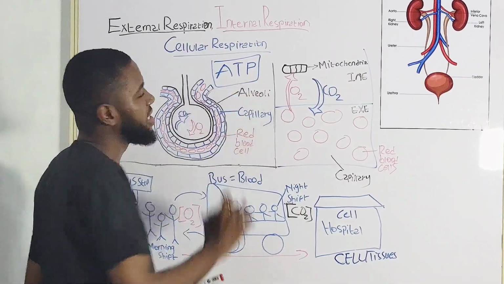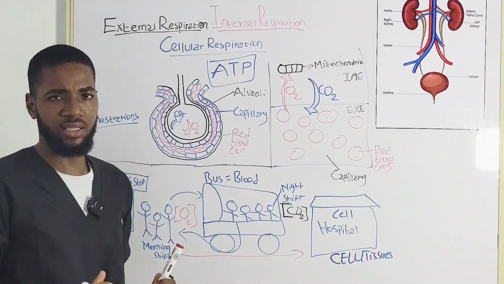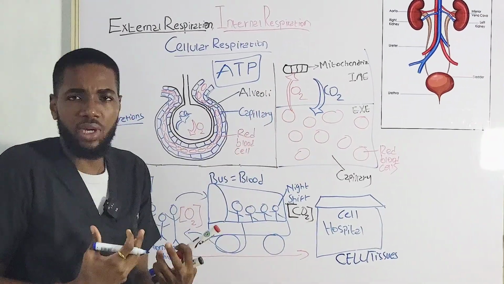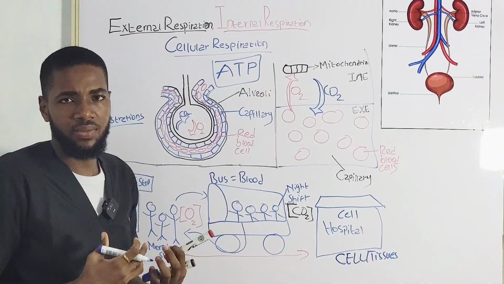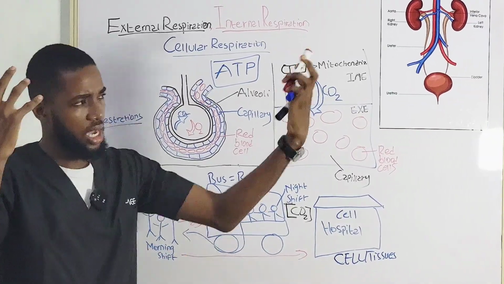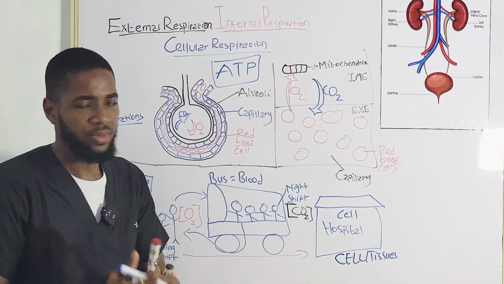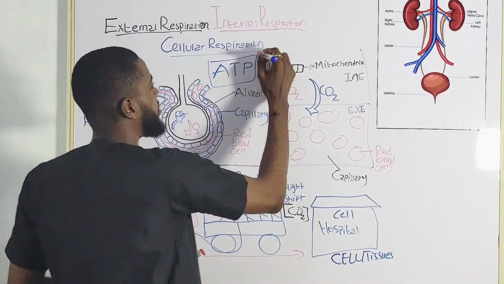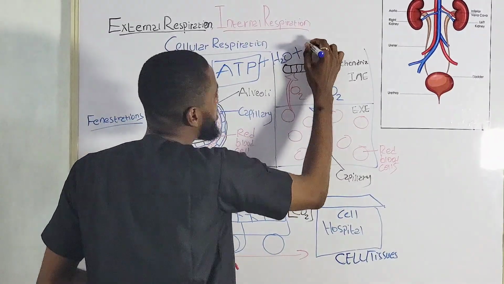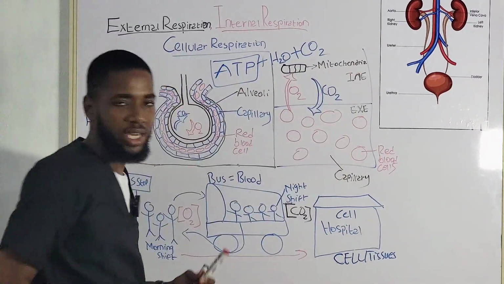Now, that ATP is the main thing that mitochondria or your cell needs to carry out its activities. With the combination of oxygen and glucose, they react and produce ATP, and they produce H2O, which is water, and they still produce CO2, which is carbon dioxide.